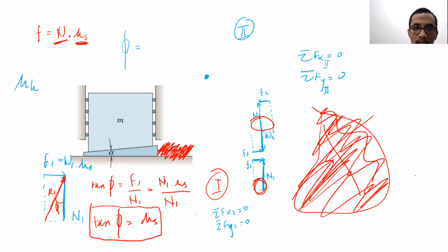If the alpha is too big, after you push the wedge in and the pushing force P is gone, instead of self-locking, the wedge will move by itself. It will slide by itself, sliding out by itself. This kind of condition is the condition of a wedge without self-locking mechanism.